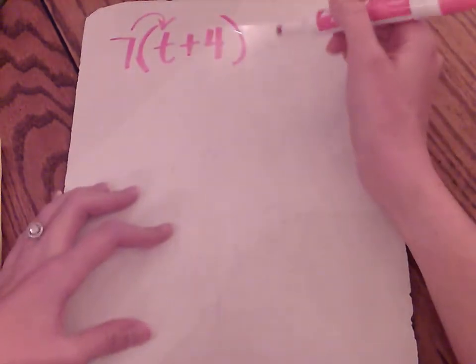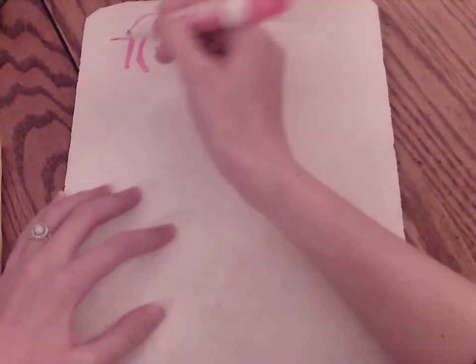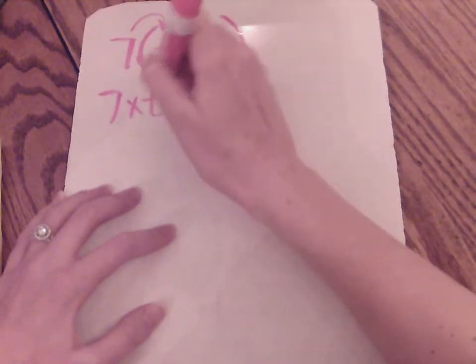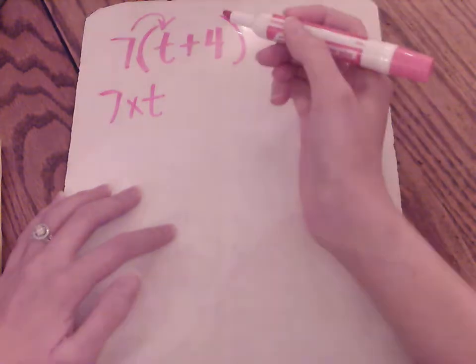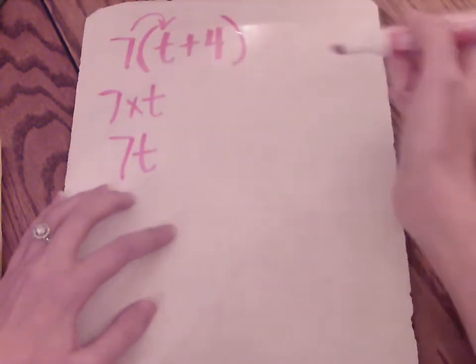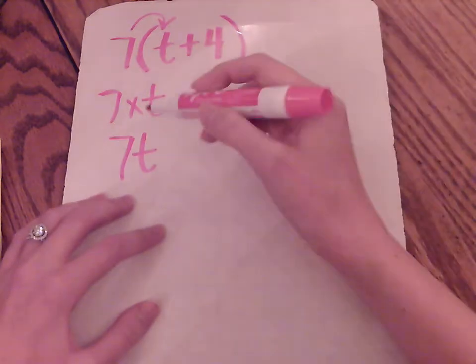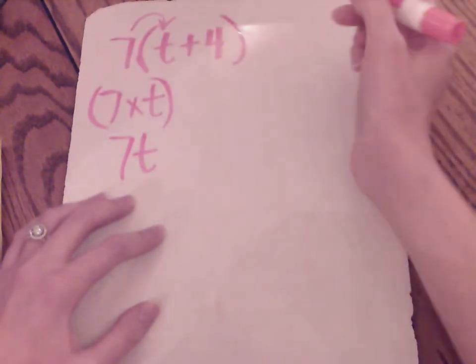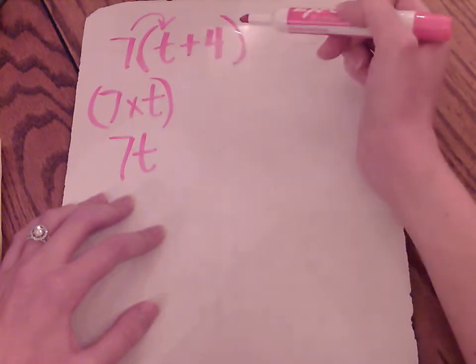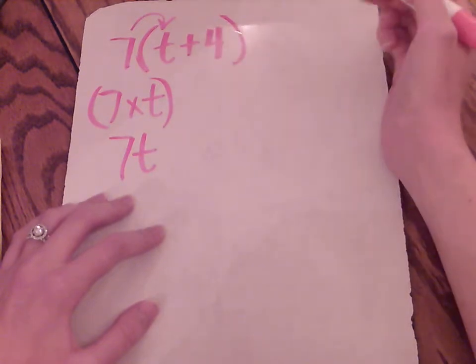All right? So the first part of this is going to look like 7 times t, which another way of writing it is 7t. Okay. Moving on, we have to take a look at what operation is happening inside the parentheses, and we must keep that. That doesn't just disappear.